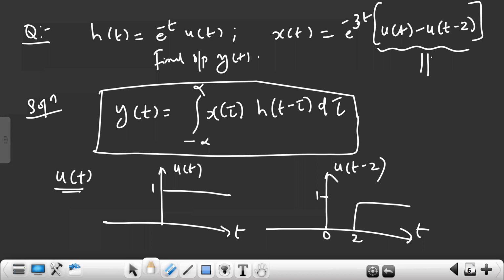Midun M can speak now. Number 75, Midun. How will you get after subtracting u of t minus u of t minus 2? Tell me, Midun, after subtraction, what will you get? No idea.